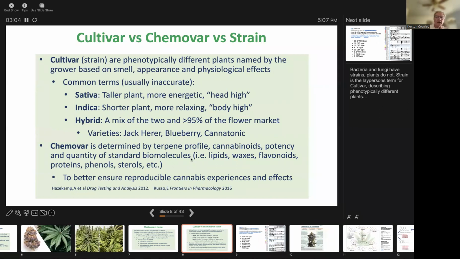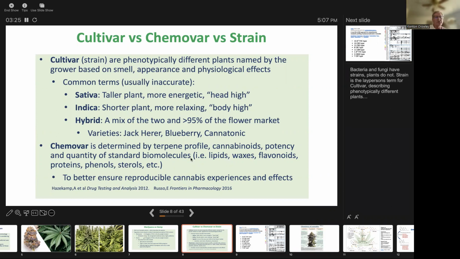Bacteria and fungi have strains, but plants do not. A strain is the layperson's term for cultivar, describing a phenotypically different plant, typically named by the grower based on smell, appearance, and physiologic effects.